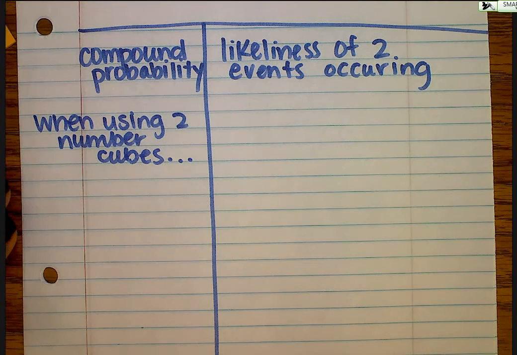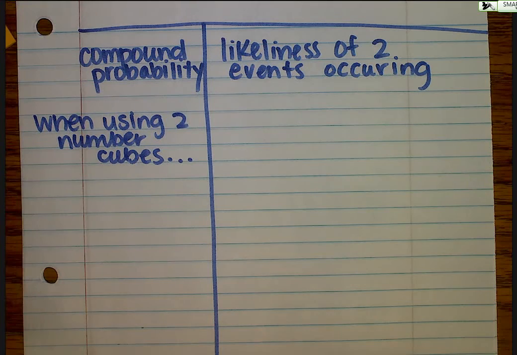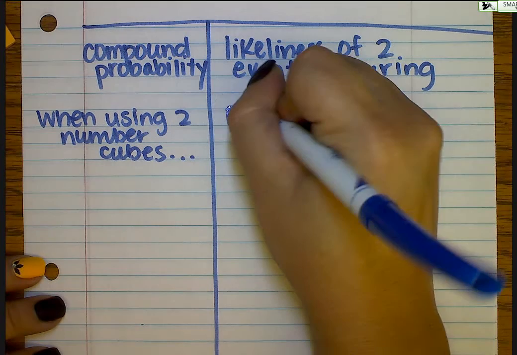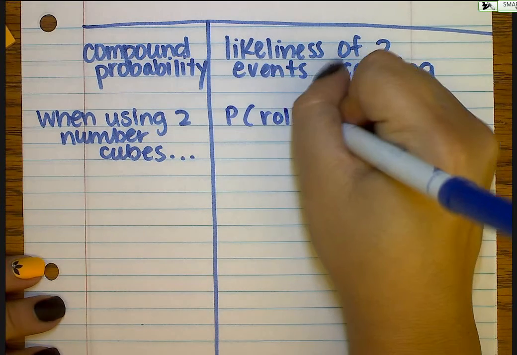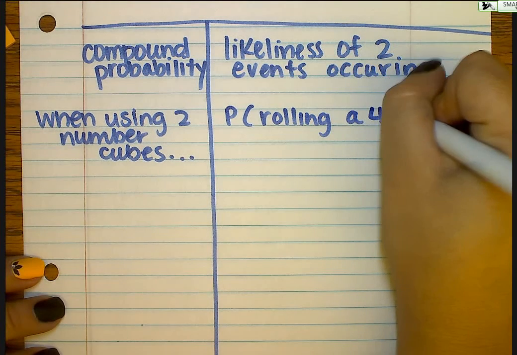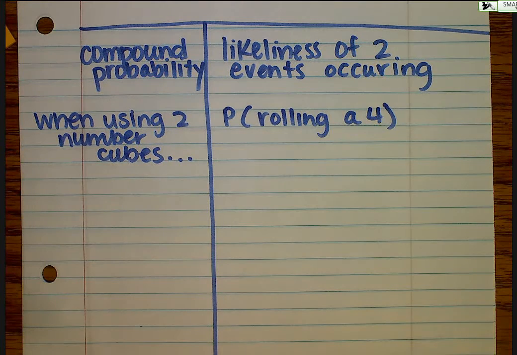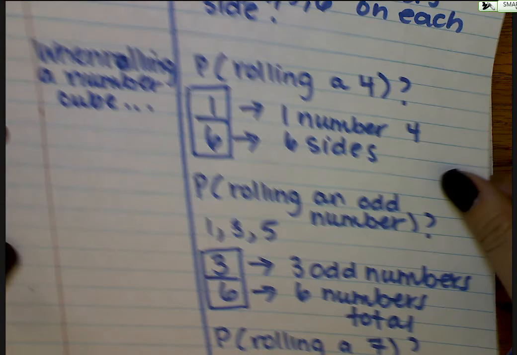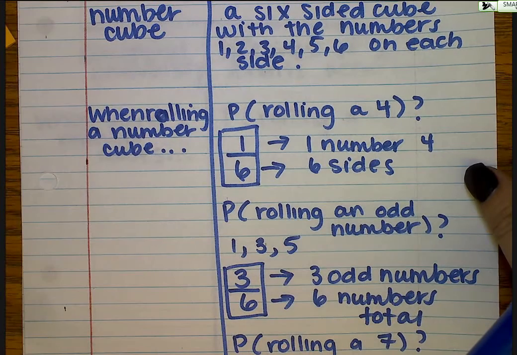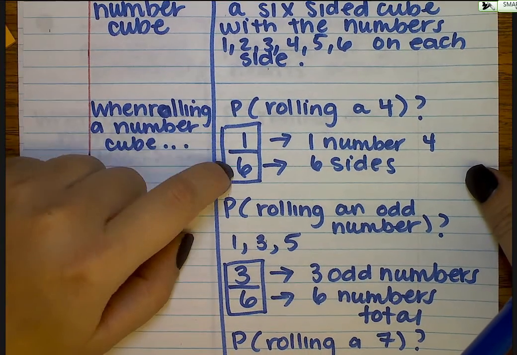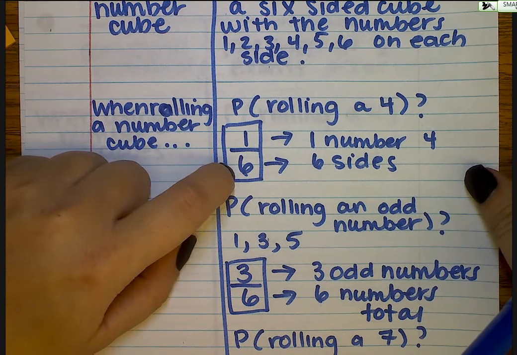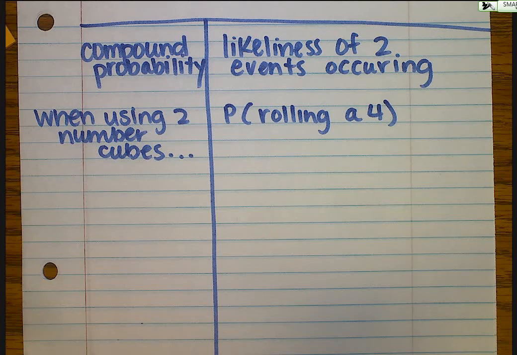So if I'm saying, when using two number cubes, what is the probability of rolling a 4? My odds change. When I'm rolling one number cube, my odds of rolling a 4 are 1 out of 6, because there's one 4 out of 6 sides of a number cube. But when I bring two number cubes into the mix, that changes things a little.